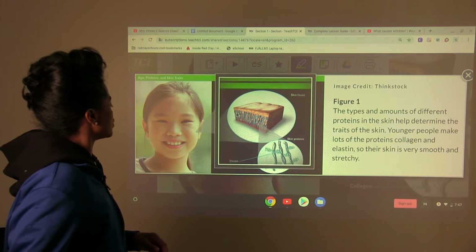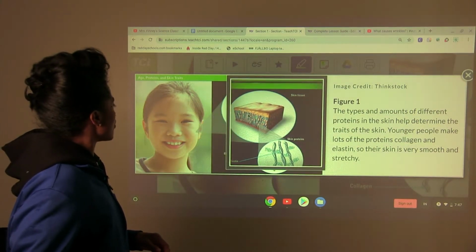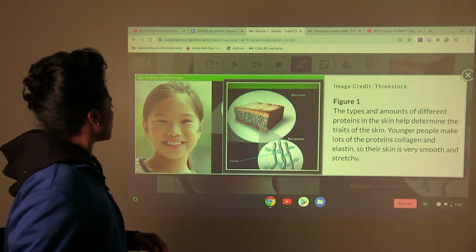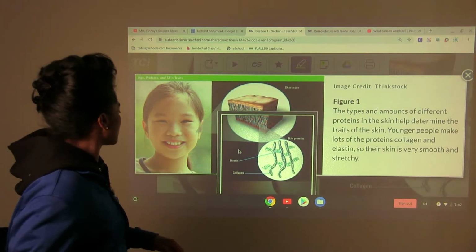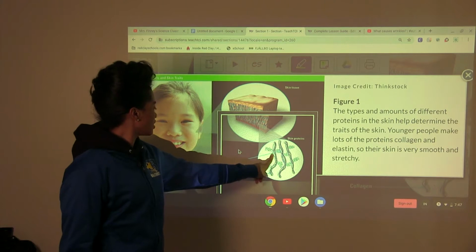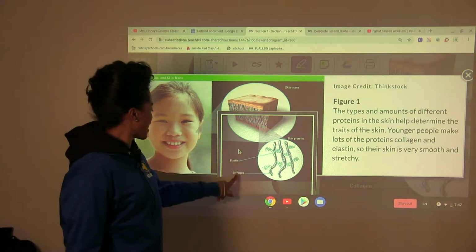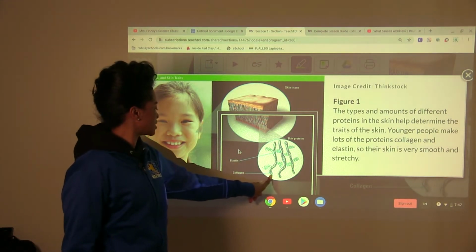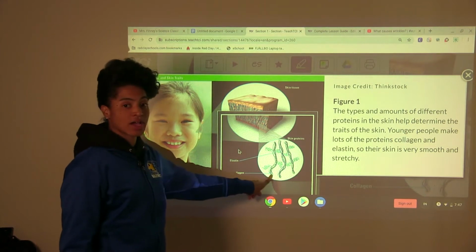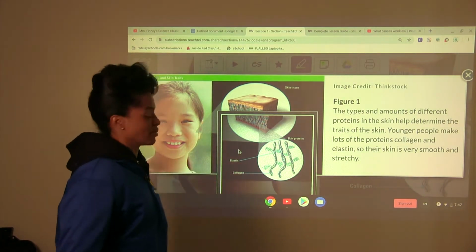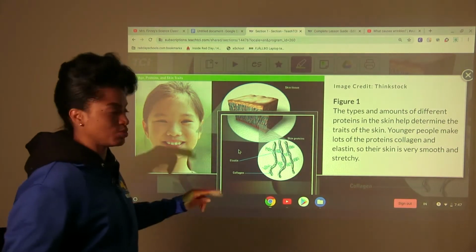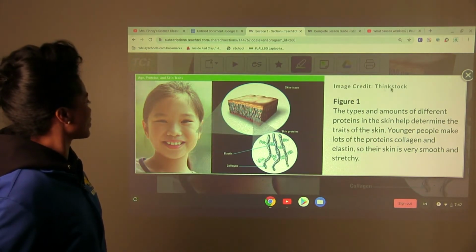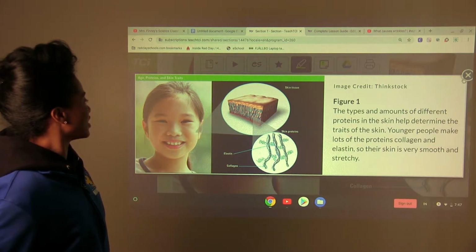This is skin tissue, okay? And right in here is where you would have the skin proteins, all right? Here's an illustration of the elastin and the skin proteins, and here's an illustration of collagen, okay? And again, you produce more of these the younger you are, all right? Here we go.